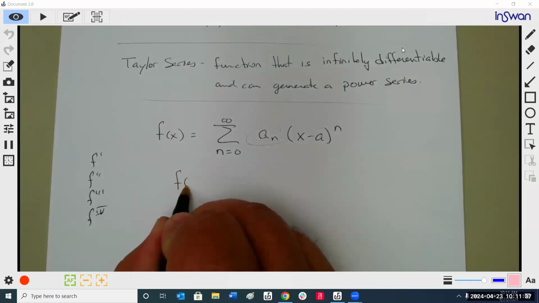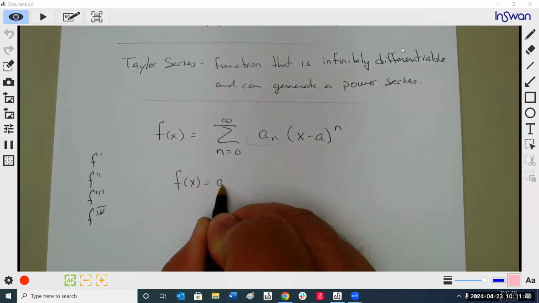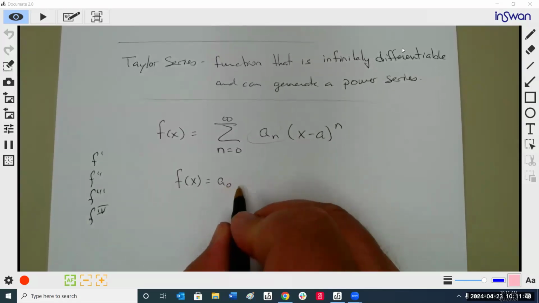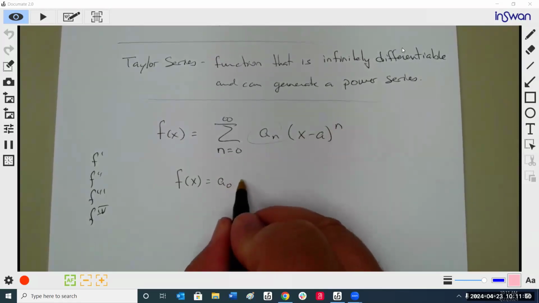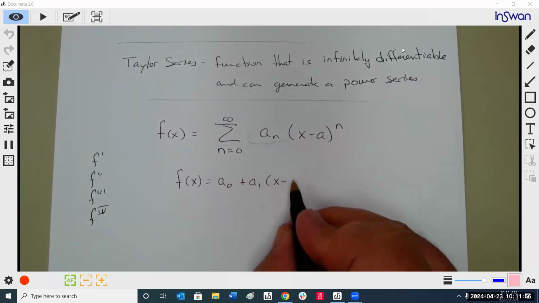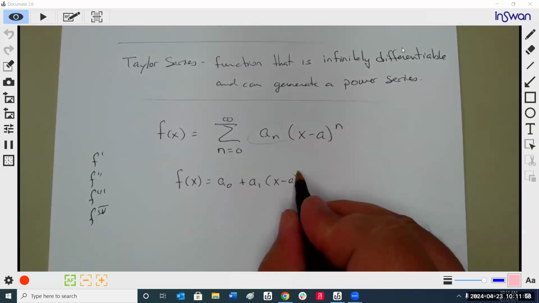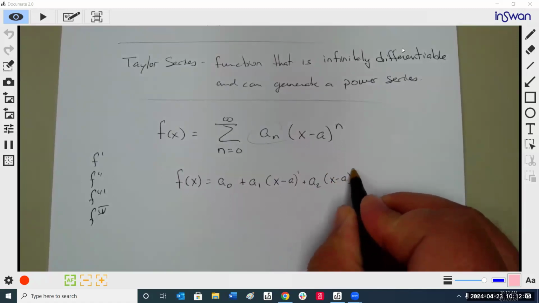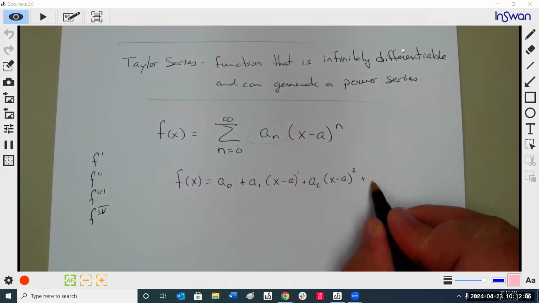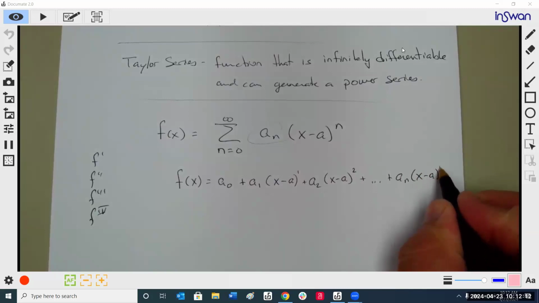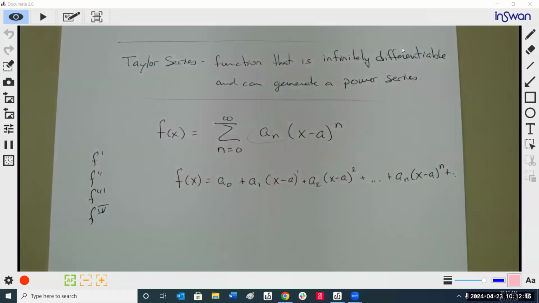Looking at this, we get a sub 0, because anything to the power 0 is 1, then a1 times x minus a to the power 1, a sub 2 times x minus a to the power 2, and so on, a sub n times x minus a to the power n, with n going to infinity.